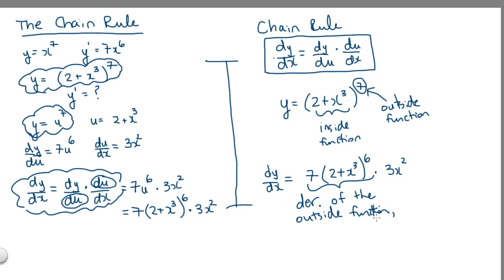Okay, and what's really important here is that we're keeping the inside function the same. So that's the first part. Then we multiply by this 3x squared here. Well, 3x squared, that is just the derivative of the inside function.